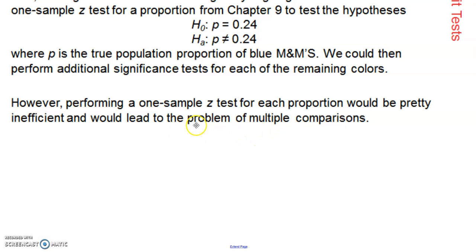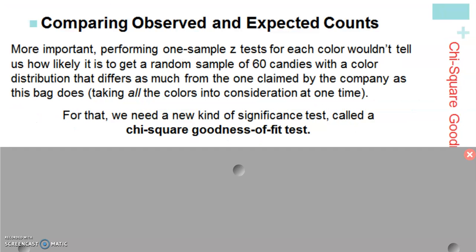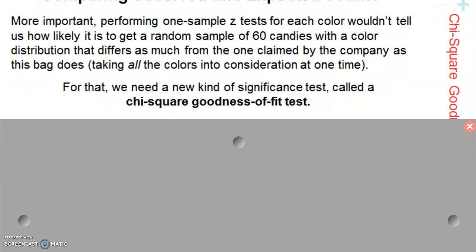So we're going to look at a different way to consider all of the colors at the same time instead of doing each color individually. And that method is called a chi-squared goodness of fit test. So that's what we're going to be looking at in 11.1.